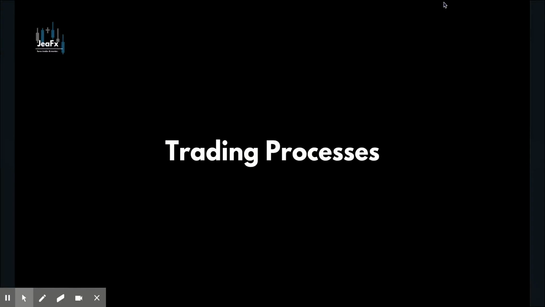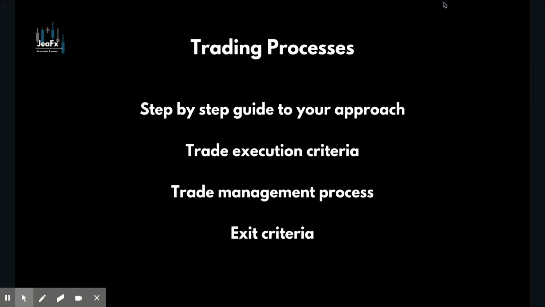In this video, we're going to be talking about trading processes. One of the major parts of our trading plan, when we've got those risk management and targets guidelines in place, is to actually look at the trading processes that we're going to be following. When I say trading processes, I'm referring to this step-by-step guide to your actual technical approach.